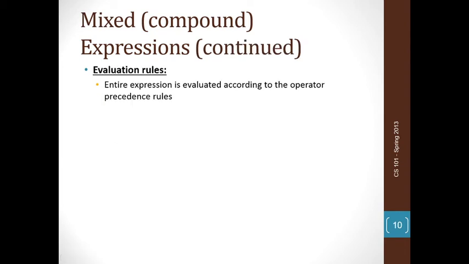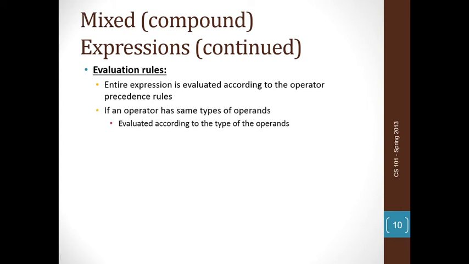Evaluation rules. Entire expression is evaluated according to the order of precedence, according to the operator precedence rules. If an operator has same type of operands, it is evaluated according to the type of operands.